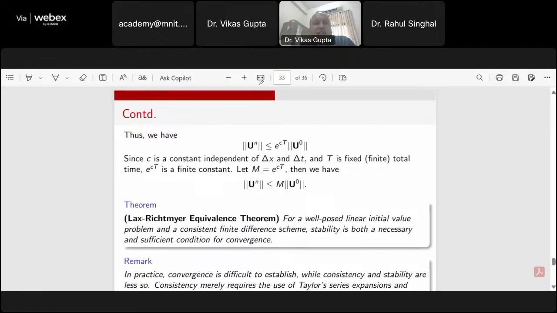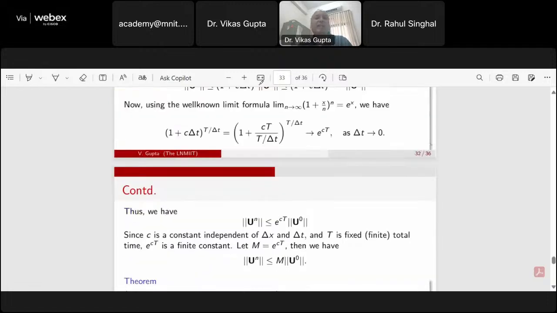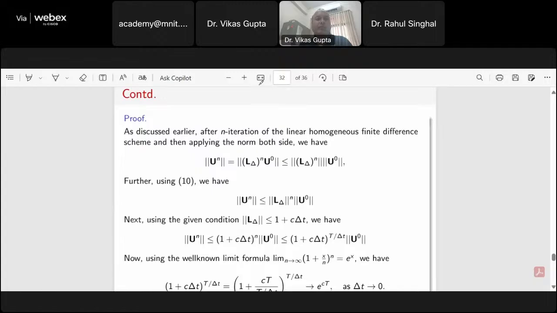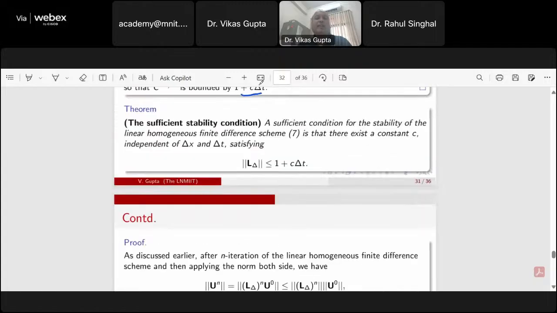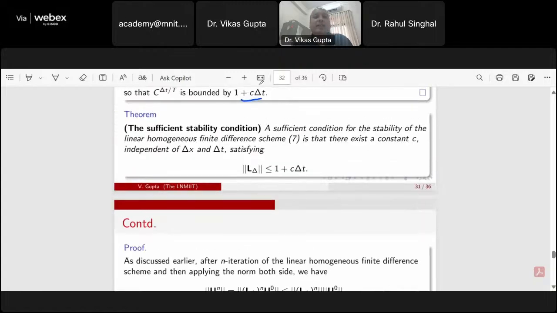Let this constant be denoted by M. Let M equal e to the power CT. Then we have norm of u^n less than or equal to M norm of u^0. So in this way, we are able to show that this is the sufficient condition for the stability for any linear homogeneous finite difference scheme.